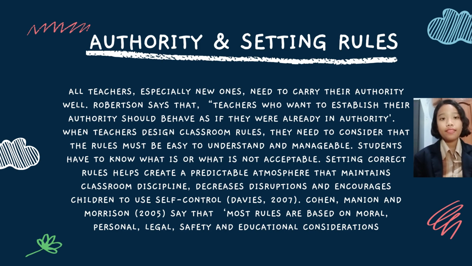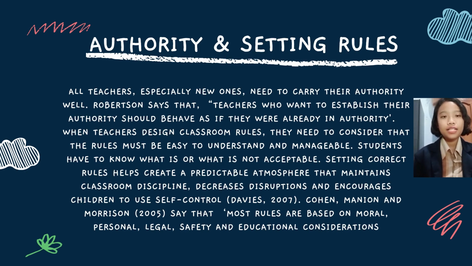And then when teachers design classroom rules, they need to consider that the rules must be easy to understand and also manageable. The students have to know what is or what is not acceptable. Setting correct rules helps create a predictable atmosphere that maintains classroom discipline, decreases disruptions, and encourages children to use self-control.